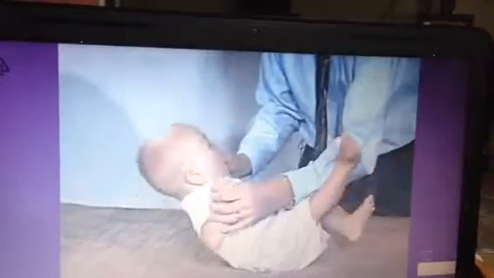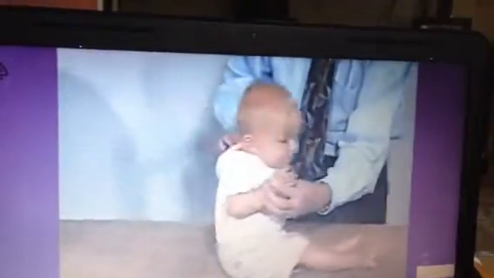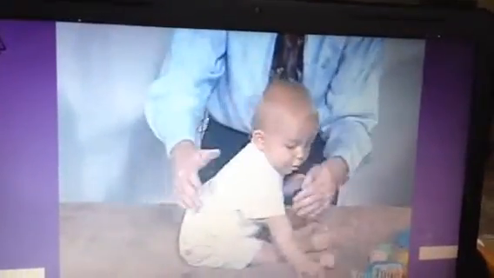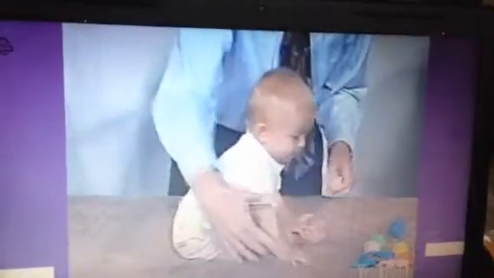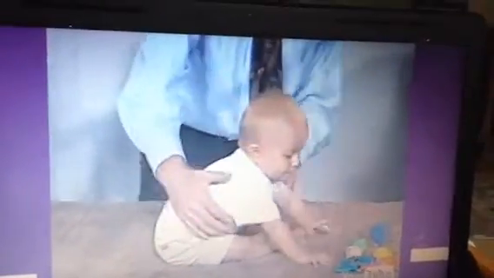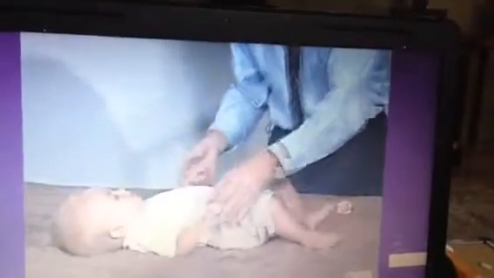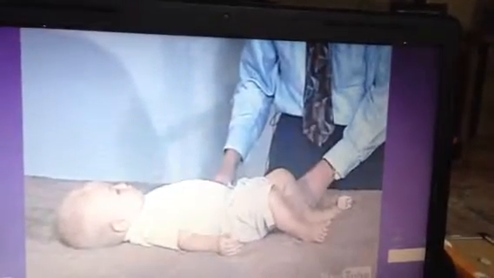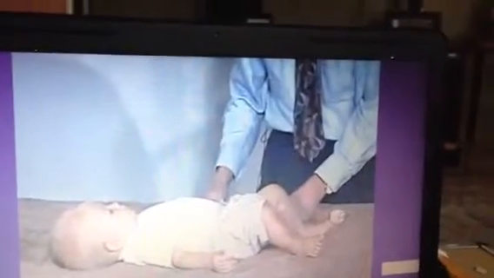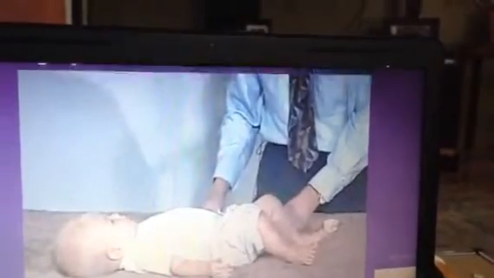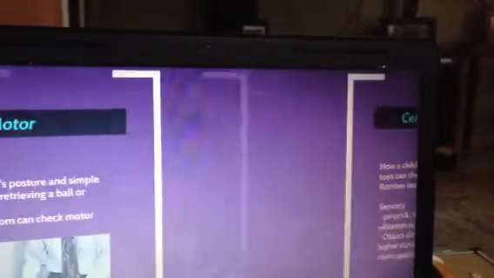Pull yourself up, good suction. Back down, he can resist that. He has good head control, puts it all the way in front of his trunk. Very good. And that is the motor part.